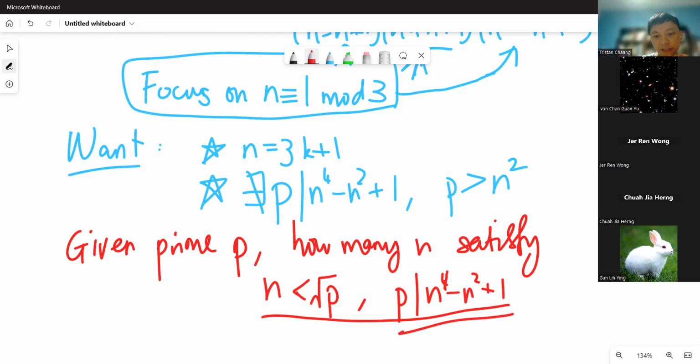So focus on this second condition. It's kind of like a mod p statement, right? How many such n's satisfy it mod p? Or at most how many? Anyone?